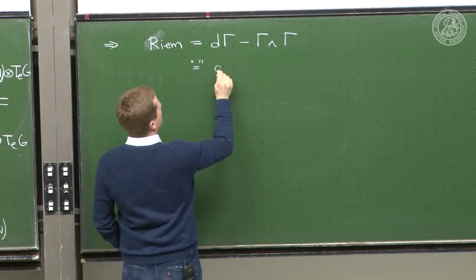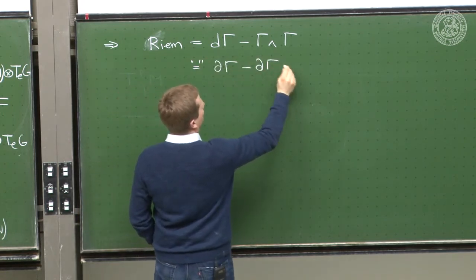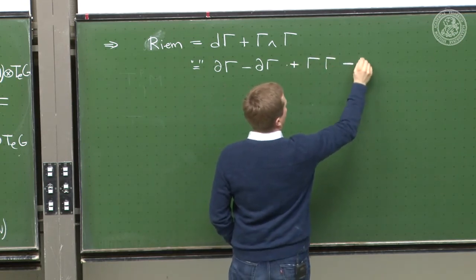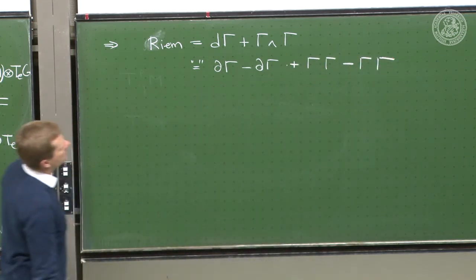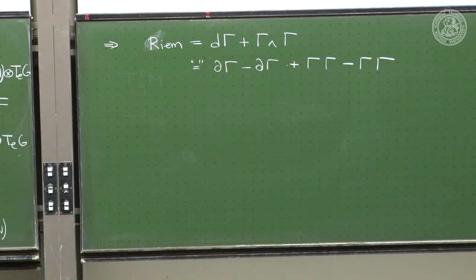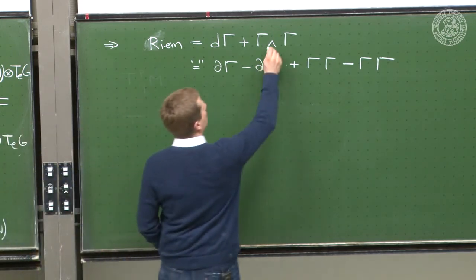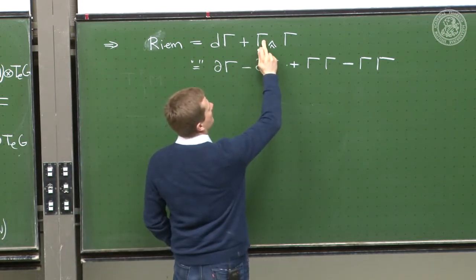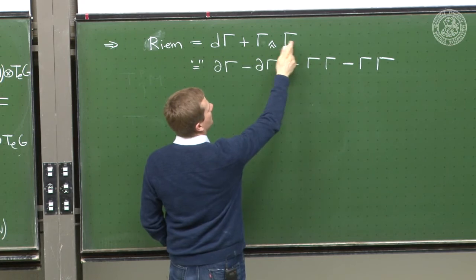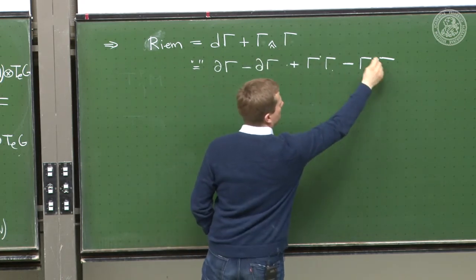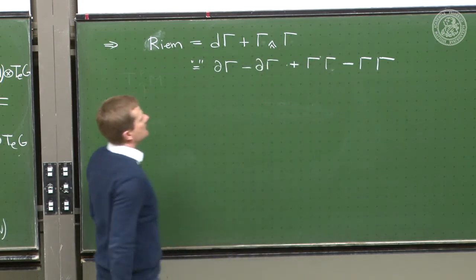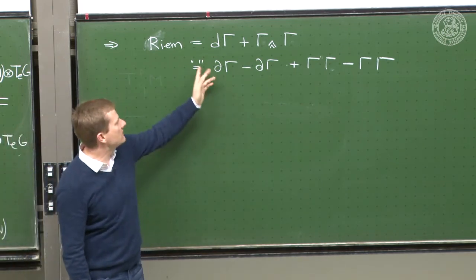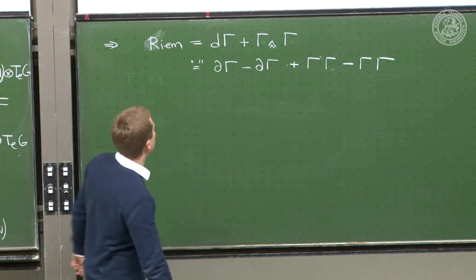This is simply the d gamma minus d gamma plus gamma gamma minus gamma gamma formula that you know. Because this is matrix valued, because we're over GL, so there's just this way they talk to each other, okay? And this formula you know, with the appropriate indices plugged in.